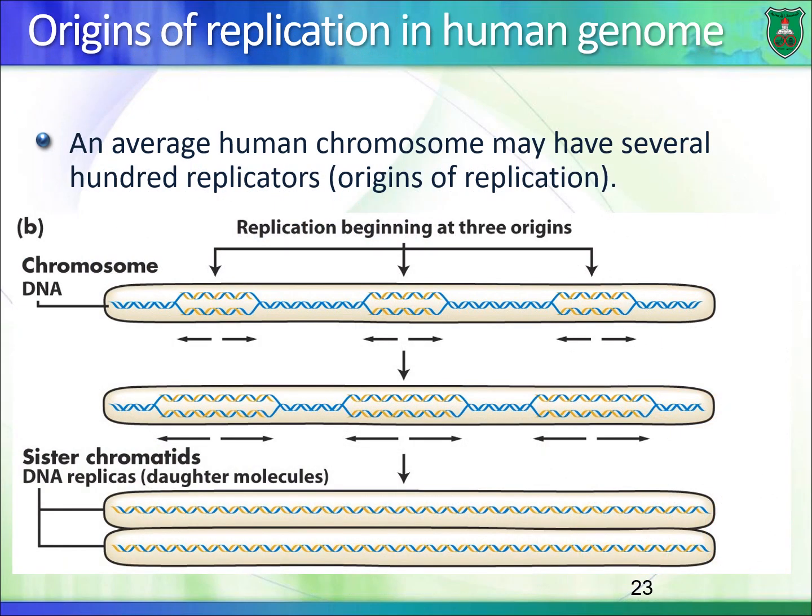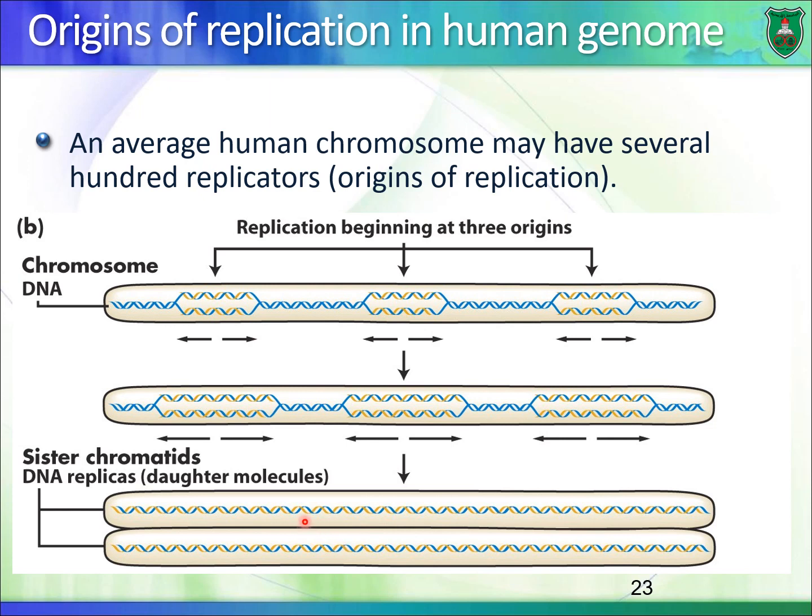Well, how about in humans? What does happen in the human genome? The human genome is huge, so one origin of replication is not enough, and as a result, there are multiple origins of replication. And what happens is that the synthesis is also bidirectional, and eventually these replication bubbles meet halfway, and the two strands are separated from each other.